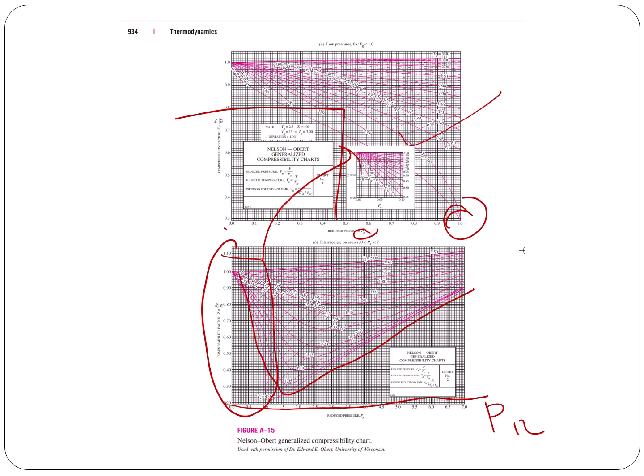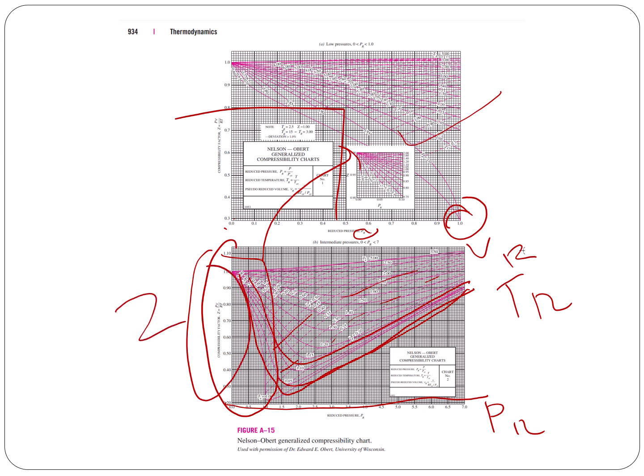You see something like this, these are the T reduced curves. You have to understand that. It moves this way, so you need to move along that. And then you see these lines, these are V reduced, and then this is Z. In this case, since pressure and temperature are given, we try to find the Z value, and once you know that, you make use of the ideal gas equation with the compressibility factor to find the specific volume.